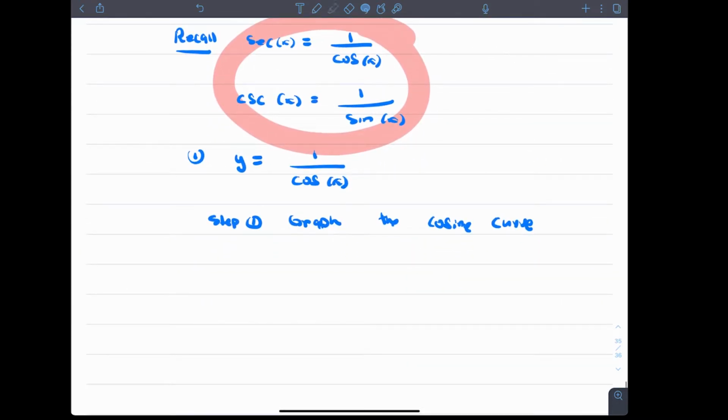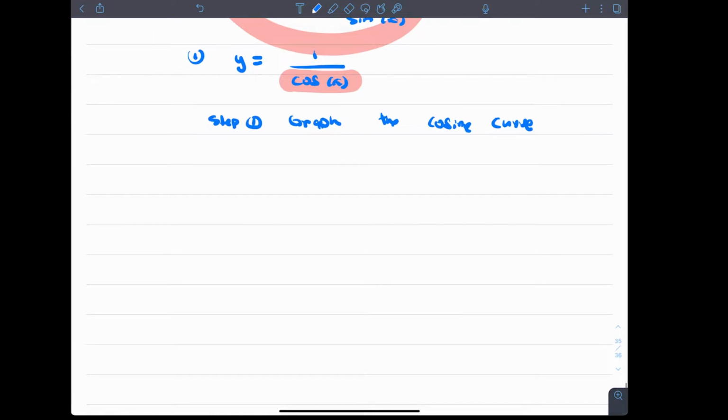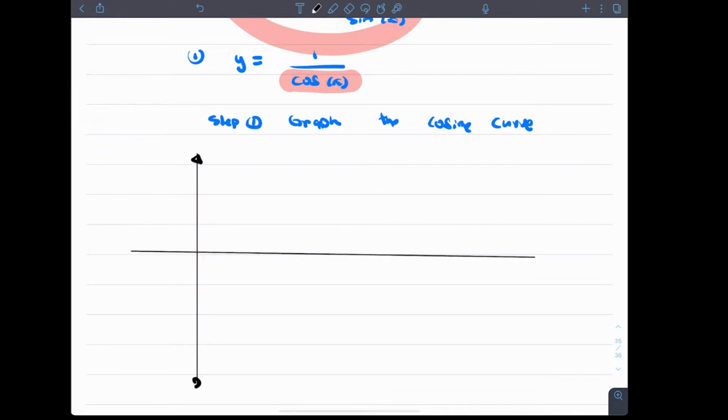You say graph cosine, because that's a reciprocal of secant, right? So what does that cosine curve look like even? You guys remember? The general cosine curve. Can't even draw straight lines.